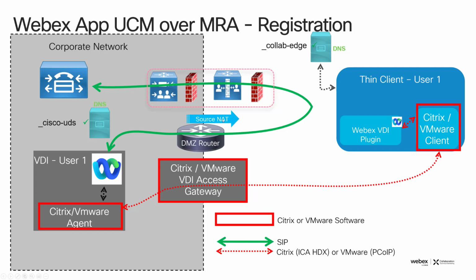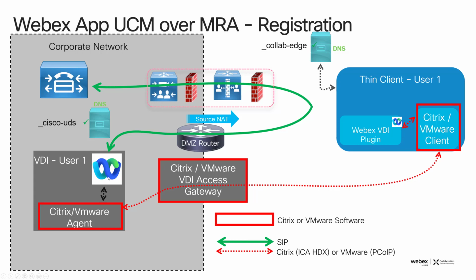One requirement here is that we have a source NAT between the virtual desktop, so between the IP address of the virtual desktop and the Expressway E external interface. We have a requirement that we have a source NAT between those addresses because we want to make the virtual desktop appear like it's running in a different IP address space than Communications Manager. Okay, so there must be a source NAT between the VDI and the Expressway E external interface.